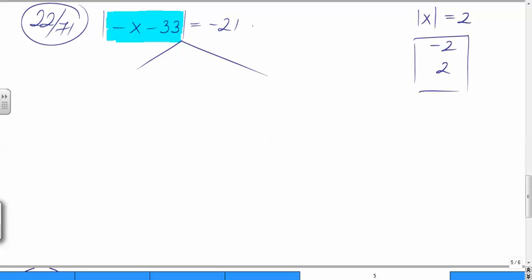Because by the definition of the absolute value, we imply that every absolute value has to be positive. And noticing that, we can say there will be no solutions. This equation here has no solutions because I cannot find an x such that the absolute value of my number x minus 33 will give me a negative number. That's impossible. Okay, and we're done.